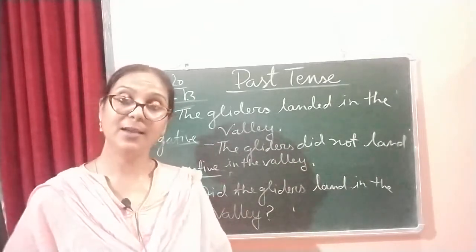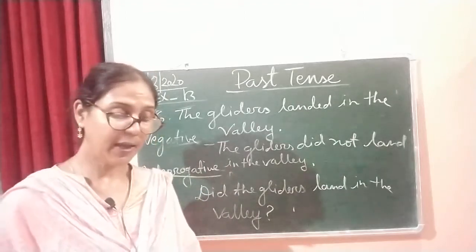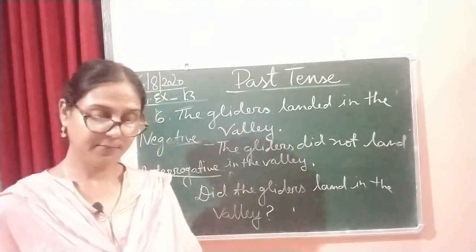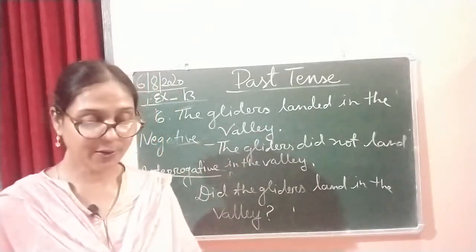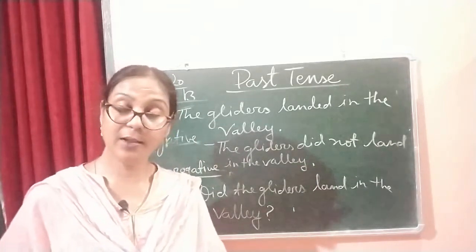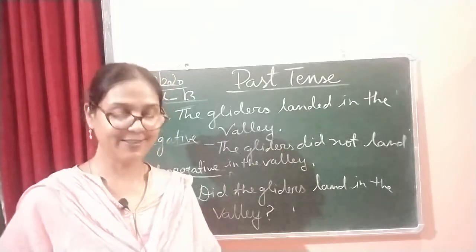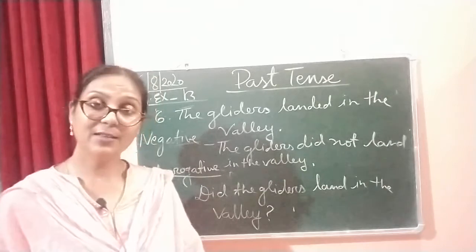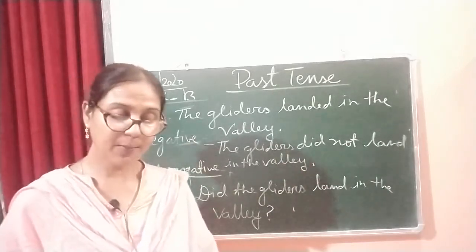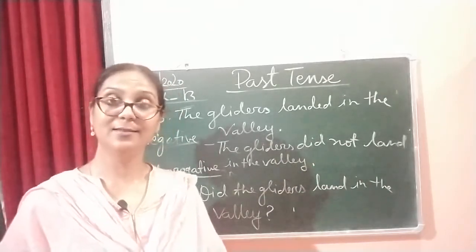Now the next example, the boy gave the correct answer. Affirmative sentence. In negative, what are we going to write? The boy did not give the correct answer. In interrogative, what are we supposed to write over here? Did the boy give the correct answer?